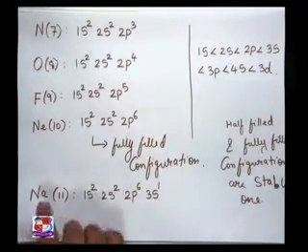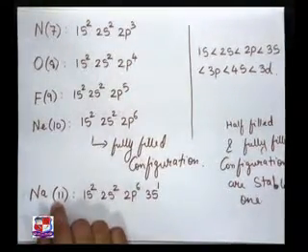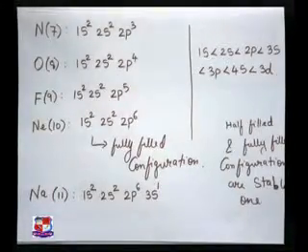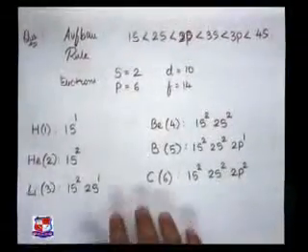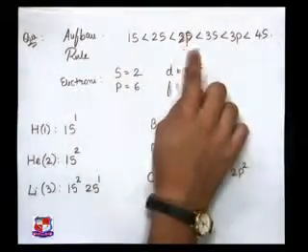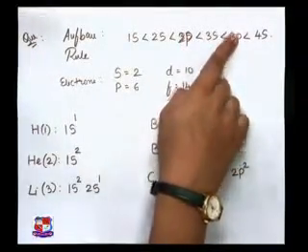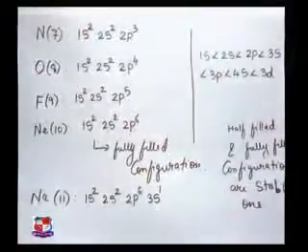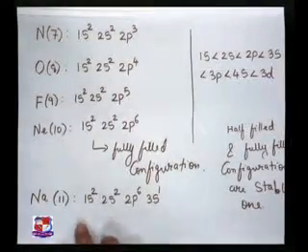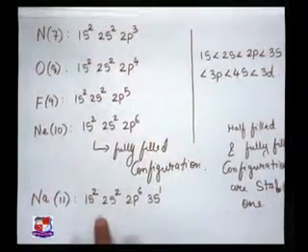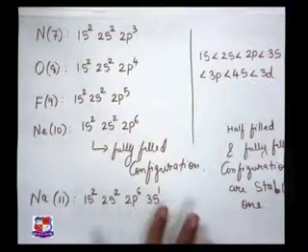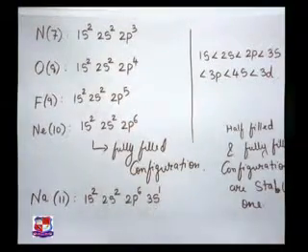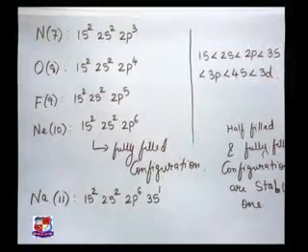Now look at sodium, which has atomic number 11. If you recollect the rule, the 2p orbital is now filled, so we have to go to 3s, then to 3p. For sodium you have 1s2, 2s2, 2p6, 3s1.